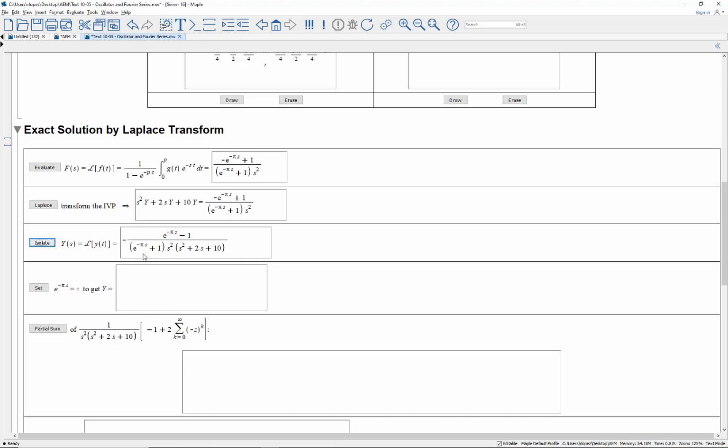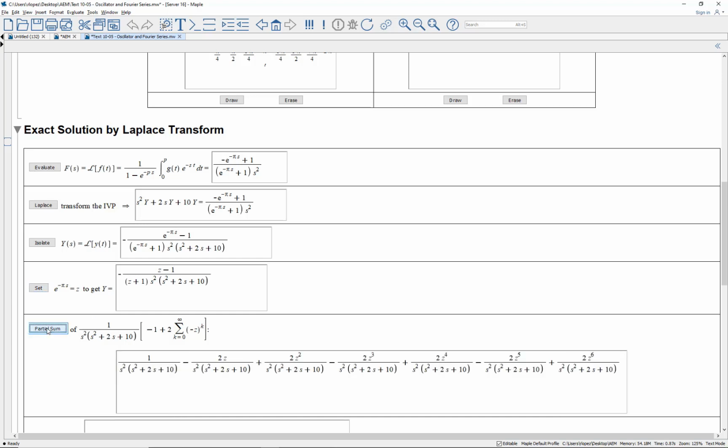Well, these exponentials make inversion difficult. And the way it's typically done is you replace those exponentials with some name, z, and then you do a series expansion in powers of z. So this is what the series expansion looks like.